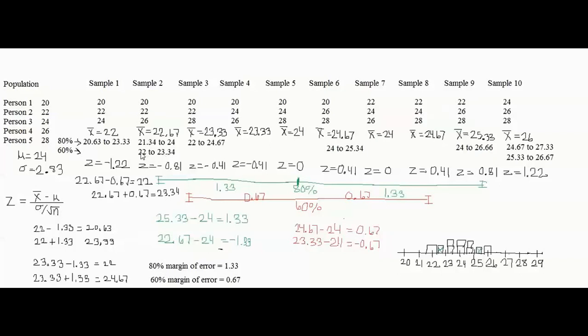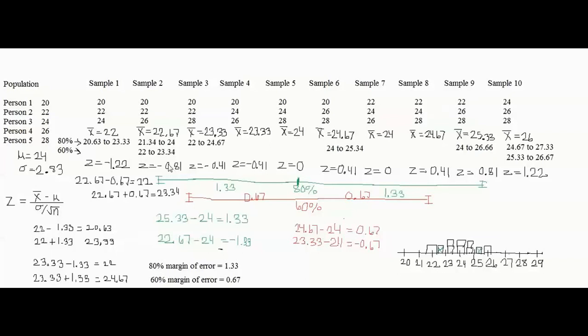The reason why is because when we created the 80% confidence intervals, we added and subtracted the 80% margin of error, 1.33. And when we created each of the 60% confidence intervals, we added and subtracted the 60% margin of error, which was 0.67.